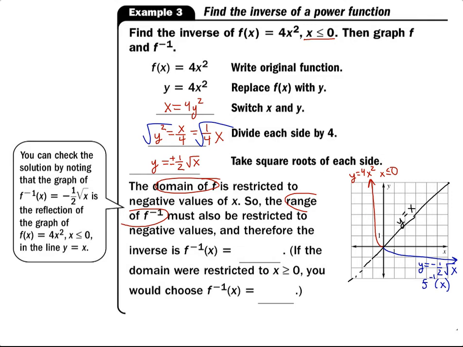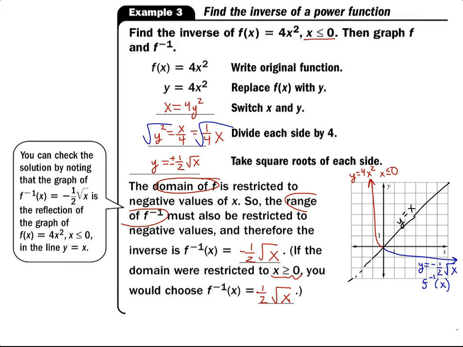The range of the inverse. It says, so therefore, and then you look at your graph, it would be the one with a negative in front. So it's negative 1/2 root x. And they're saying, okay, well, let's pretend we did it all over again. If the domain was positive, then our range would be positive, so we would have taken the positive inverse.